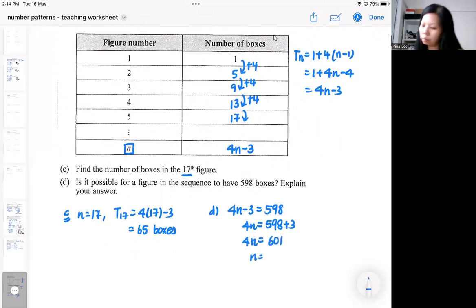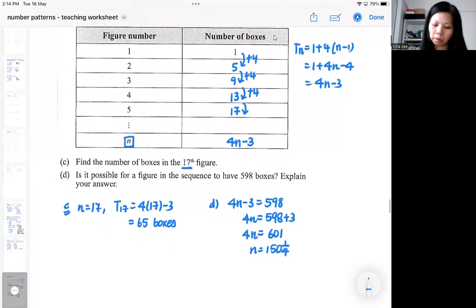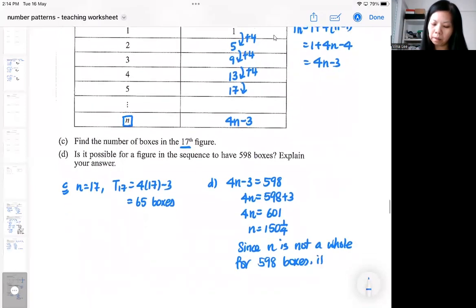If I try to divide by 4, I actually get a non-whole number. So since n is not a whole number for 598 boxes, then it is not possible. It won't be possible for us to have 598 boxes in the sequence.